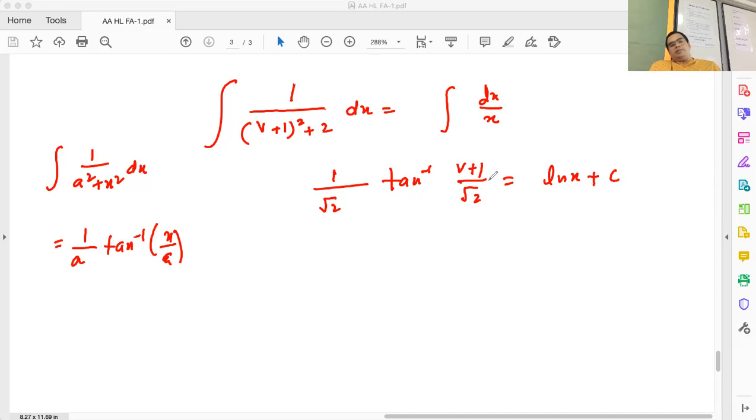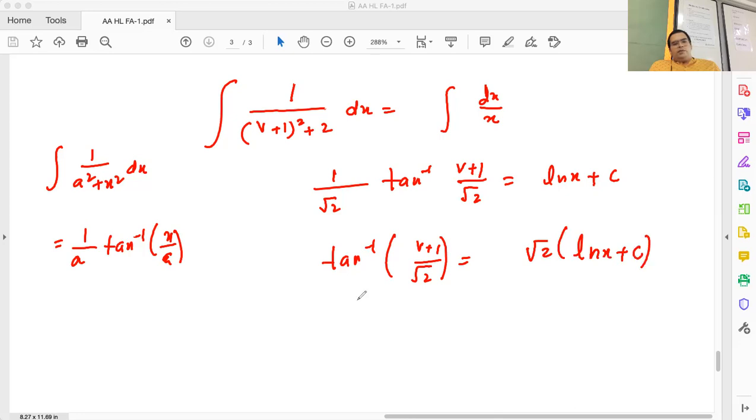You can substitute back y over x in place of v and make y the subject. I'm not finding the constant here; assume it is not given. First bring root 2 to the other side: tan inverse of (v plus 1) over root 2 is root 2 times (ln x plus c).